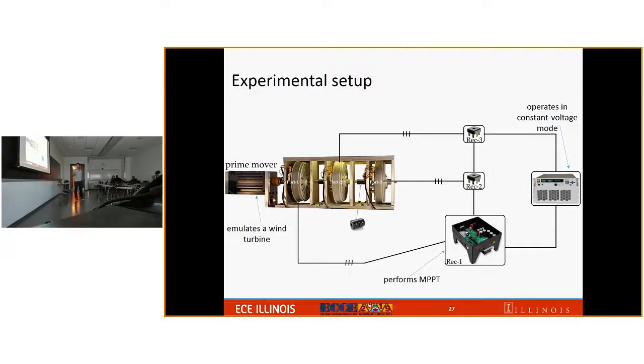So the reason we set up this one is because we can buy the motor off the shelf and we just stack them up, and that is a simple way to implementation.